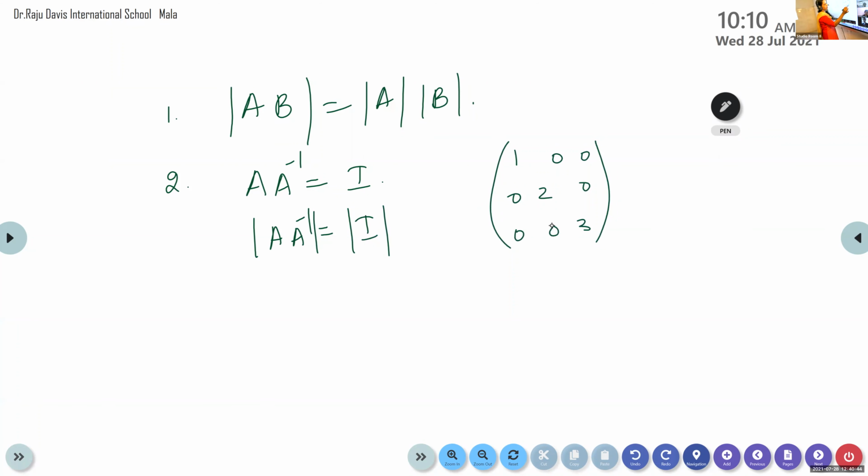It will be same as the product along the diagonals. So what will be determinant I? It will be 1.